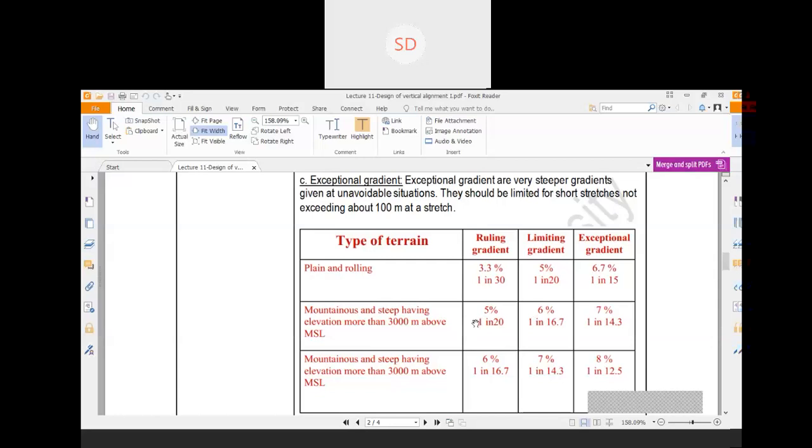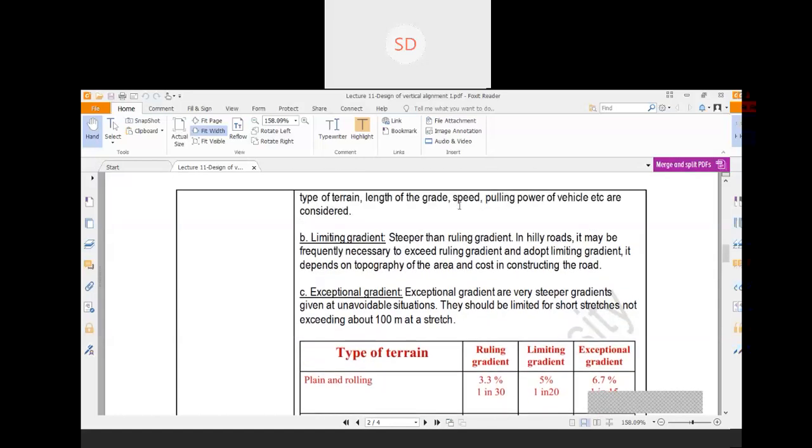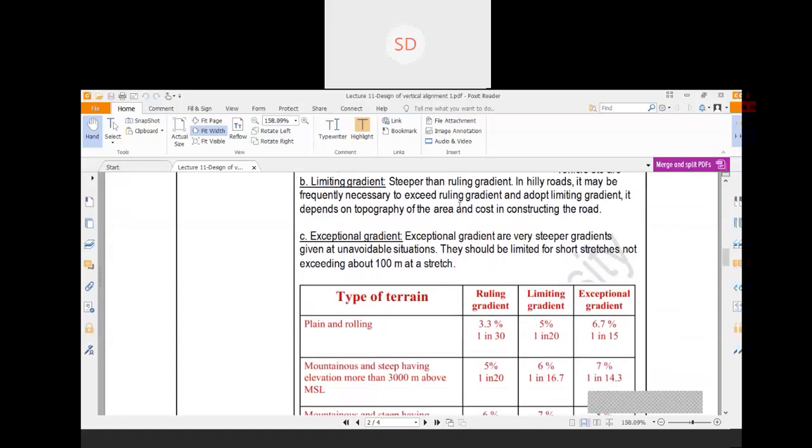Now you have to go for the limiting gradient for that particular section. Suppose that 100-meter section is there, only for that particular section, you can apply the limiting gradient whenever you do not have any way, or whenever you do not have any land available over that area.